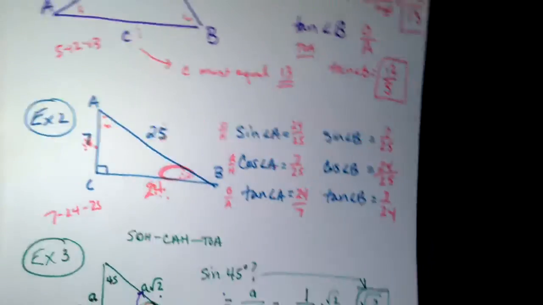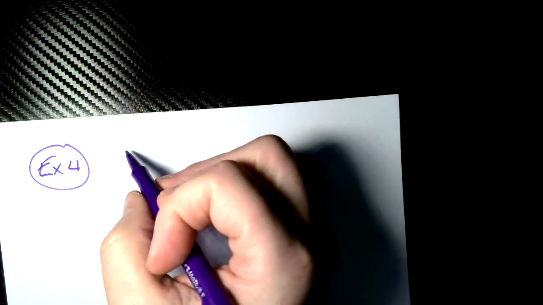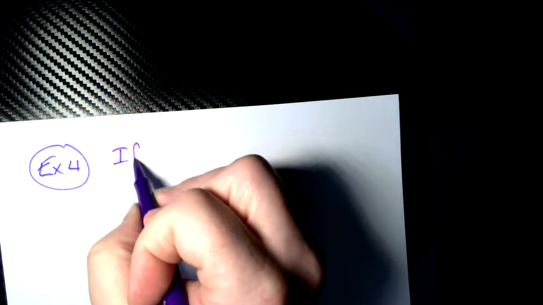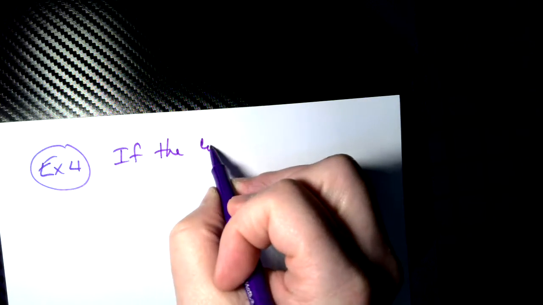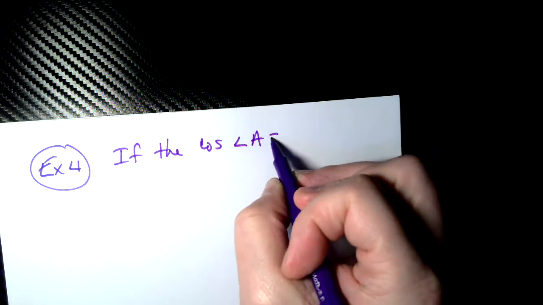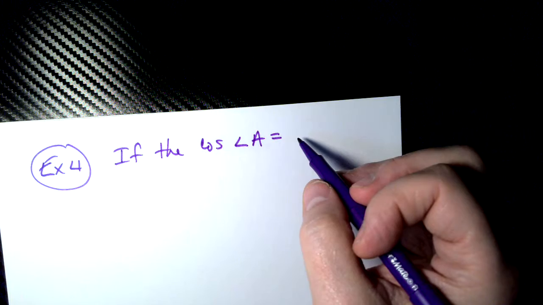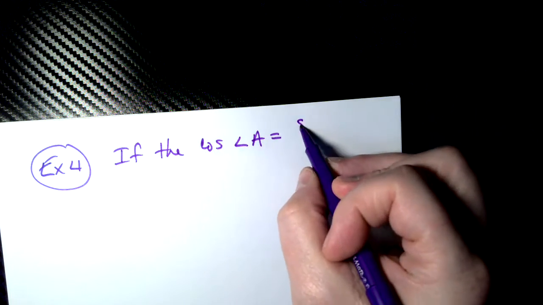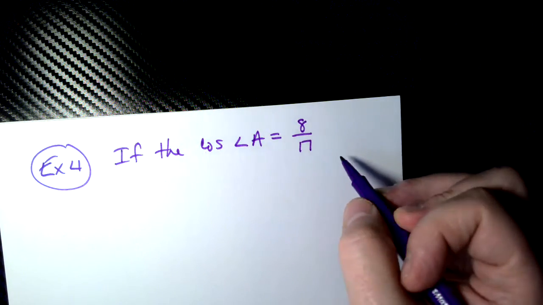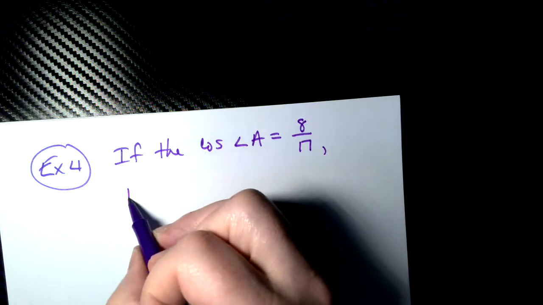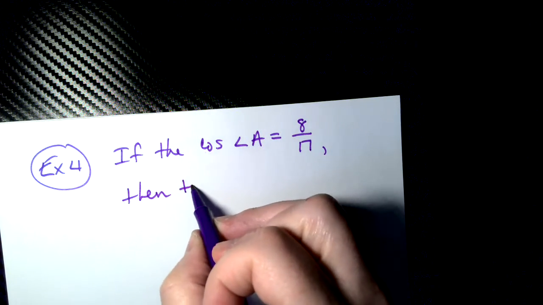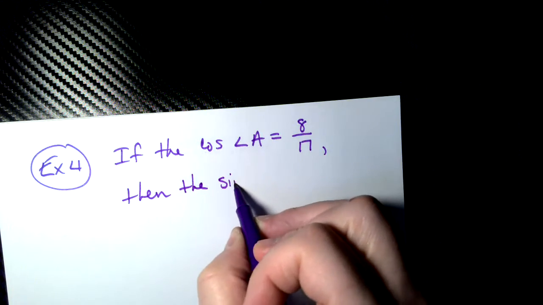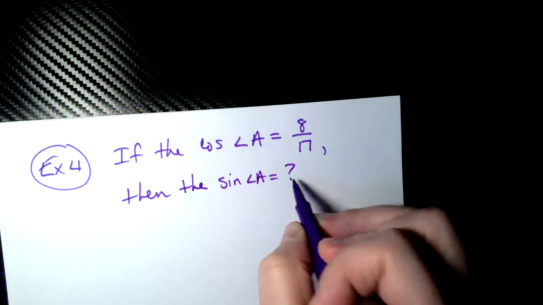All right, I got one more tricky kind of problem that shows up. I'm going to give you one in the style that shows up in the homework. Last one. If the cosine of angle A is equal to 8 over 17, then the sine of angle A equals what?